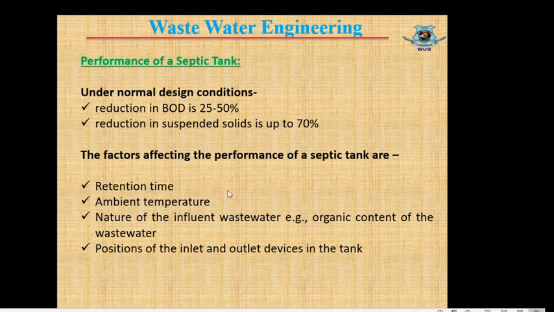As we know, the higher the temperature, the more the digestion rate. Nature of the influent wastewater is the organic content of the wastewater. If the waste contains a high organic load, it will take more time to settle and thus reduces the efficiency of the septic tank.